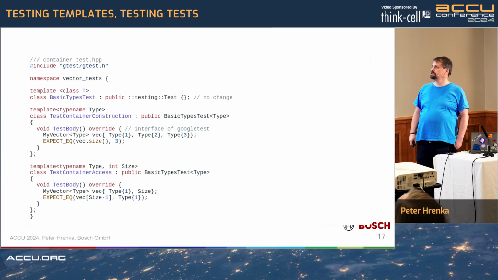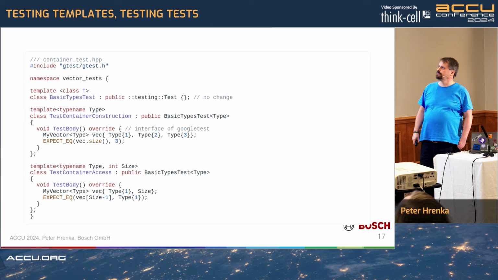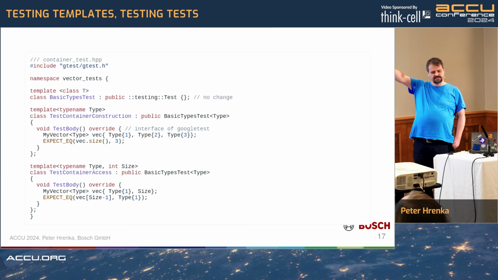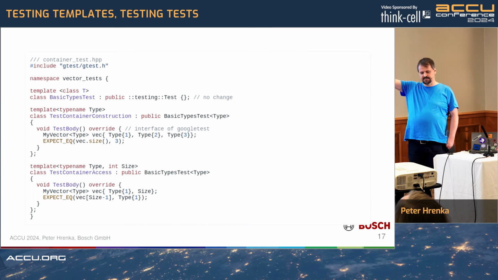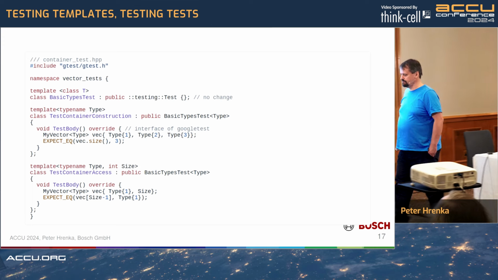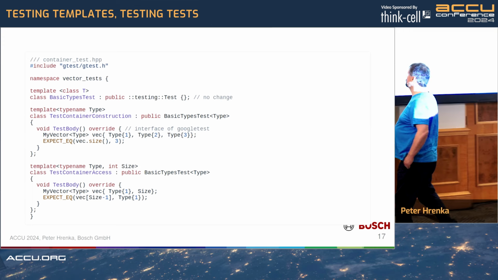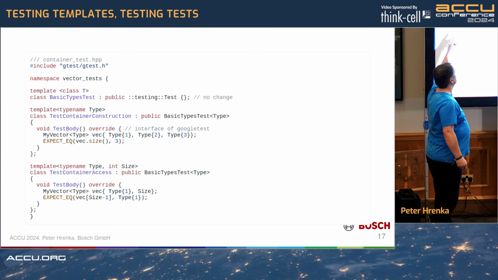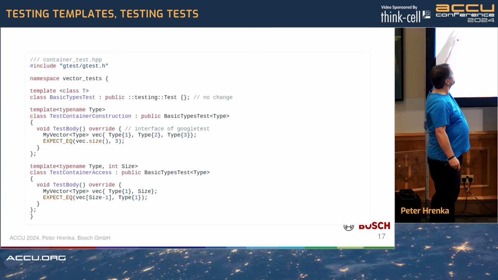So this is how it looks. It's pretty similar, but I put this in a namespace so that our tests are taken care of. It's in the namespace, so we don't get name clashes with different types. Then basically the code is the same. What we have to consider here is what the macro is usually doing for us: you have to provide a virtual function.